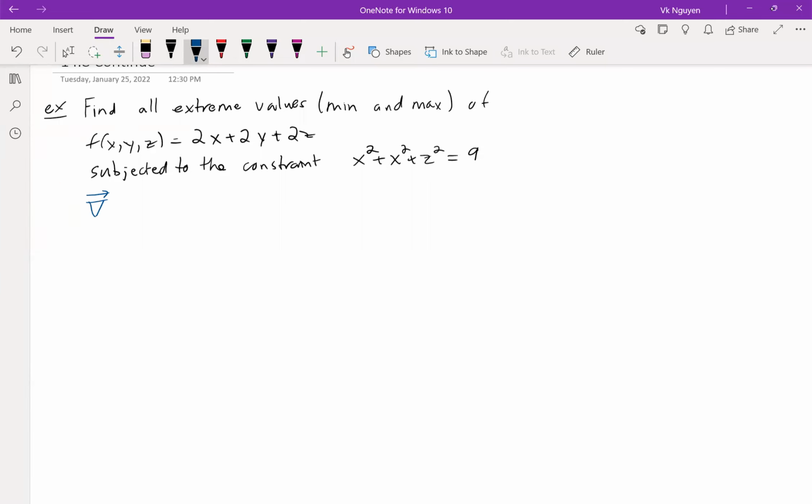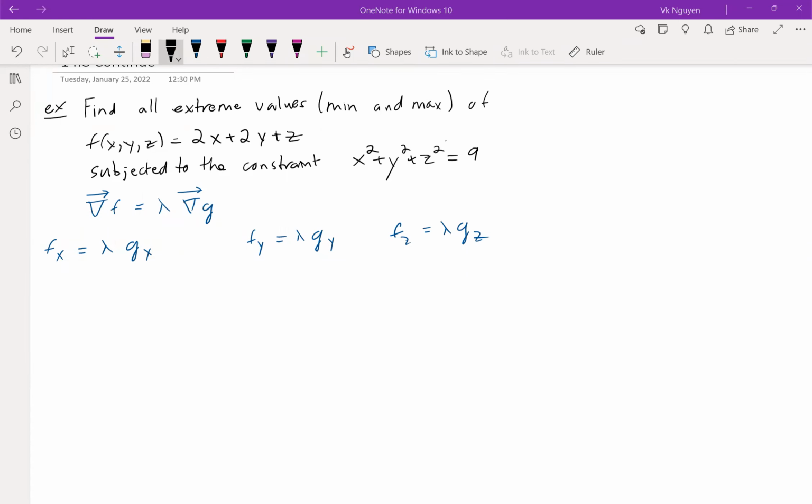Okay. Always set one gradient vector as a multiple of another gradient vector. So it's going to be fx equals lambda gx, fy equals lambda gy, fz equals lambda gz.